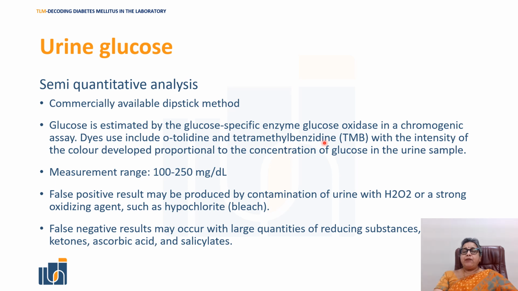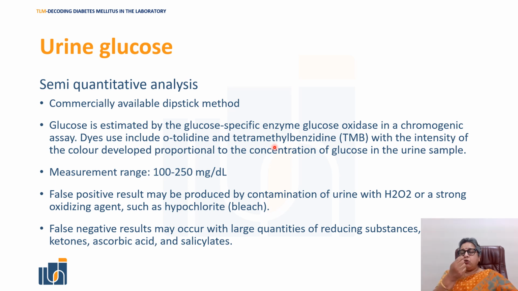So usually when it's glucose oxidase, it uses dyes like O-tolidine or tetramethylbenzidine. And depending upon the intensity of the color that is developed, this change in color is proportional to the concentration of glucose in the urine sample.